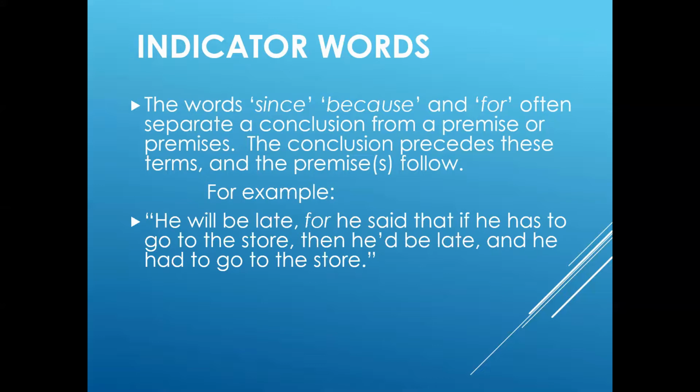Now, it's not an argument that's controversial, it's not something people are going to disagree about much, but it is a statement and then reasons provided to believe the statement. So the conclusion is the very first statement, he will be late. We have the word for, and then it gives you reasons to accept that statement.